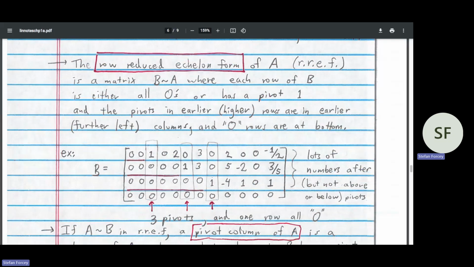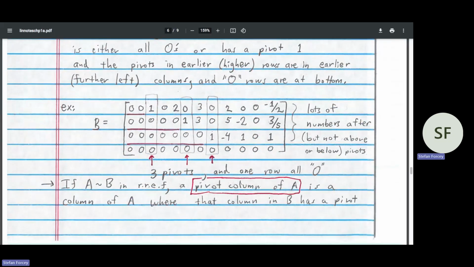It's a 1, it has zeros all to the left of it, and zeros above and below it. The rest of the matrix you can fill in any way you want. They could be more columns of zeros, lots of numbers around, as long as it obeys those rules that each row has a pivot.